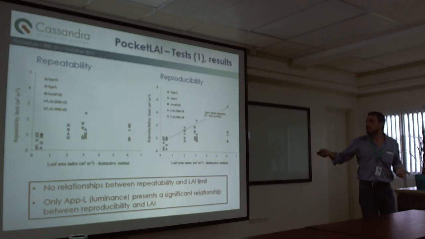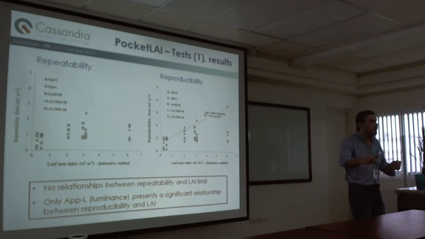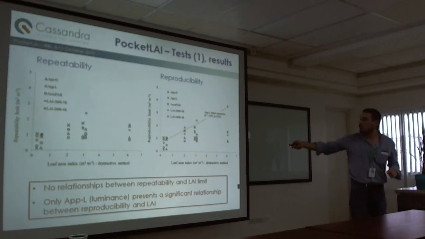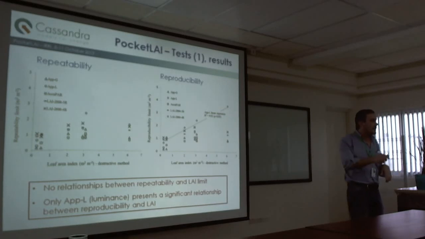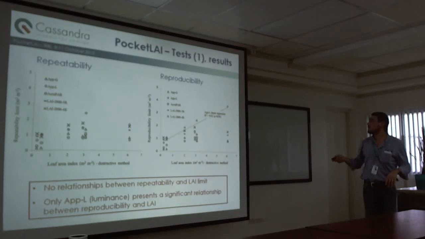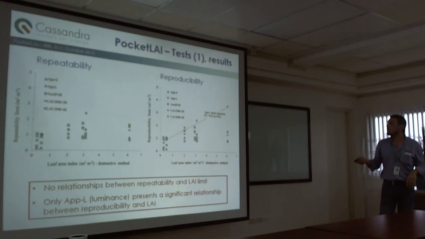This means that, okay, you can take the average of this value in order to say that, okay, I make the measure, and then my replicates differ for, I don't know, 0.5 or 1 at the end, maximum range, okay, it's within the limit according to this validation. In this case, there is a clear linear relationship between reproducibility limits and different index with the true values of different index.